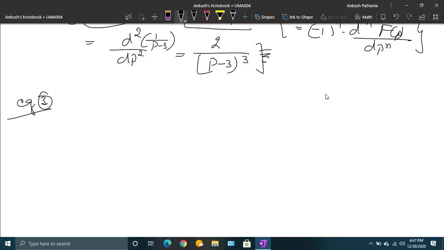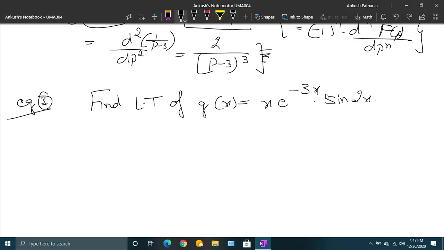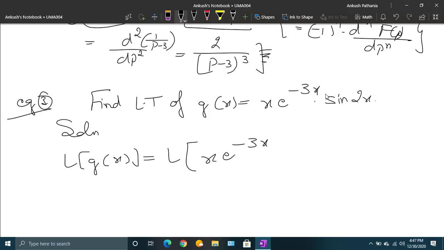Example 3. Now let us see one more question. Find the Laplace transform of g(x) equals x e raised to power minus 3x sine 2x.